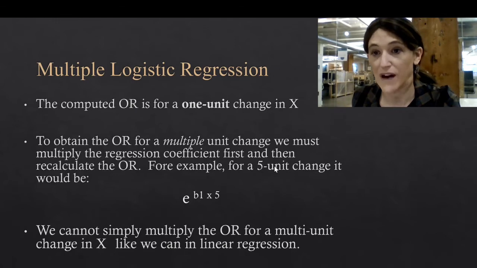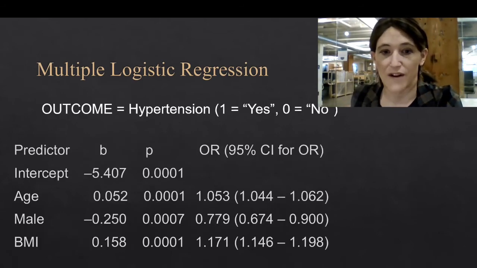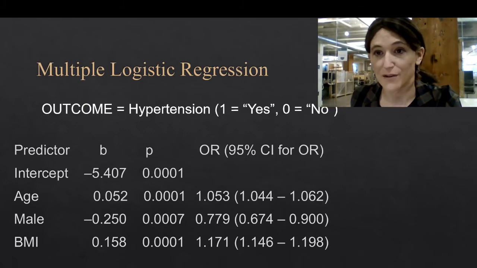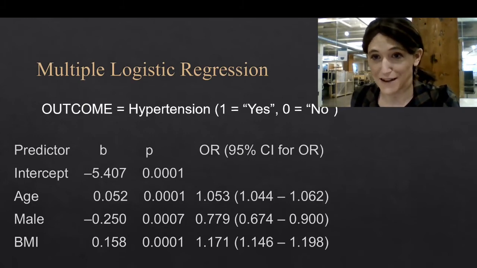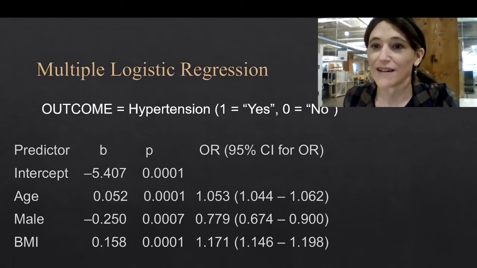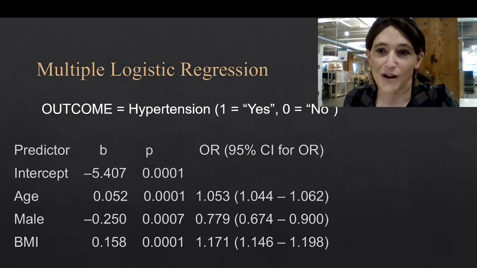Okay, so if I want to know what 5 years of age meant in terms of hypertension, I couldn't just say 5 times 1.05. That would give me an odds ratio of 5, which would mean that you have 5 times the risk after 5 years. That would be terrible, and we wouldn't want that.